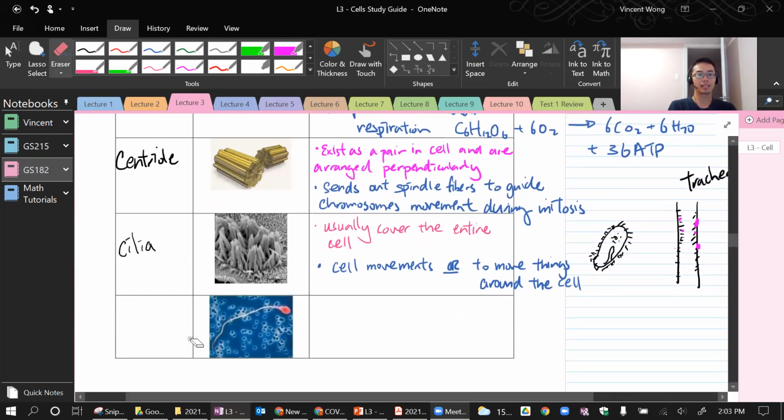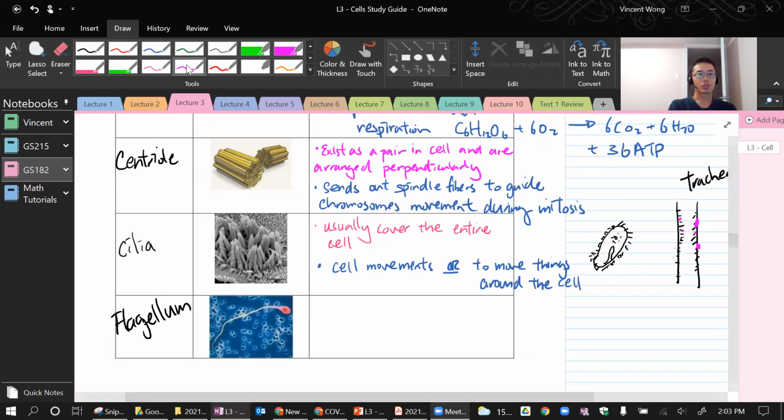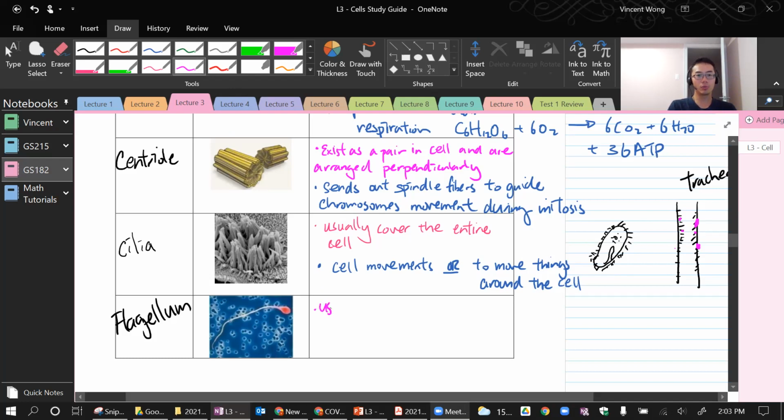Okay, this one is flagellum. Usually just one or two per cell. For sperm, it's just one.